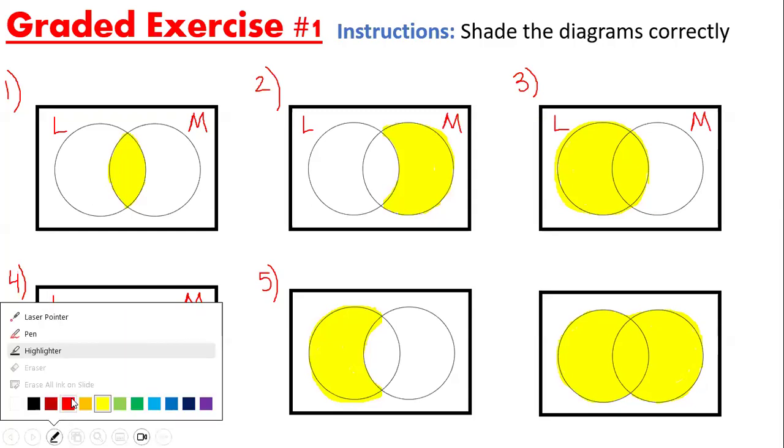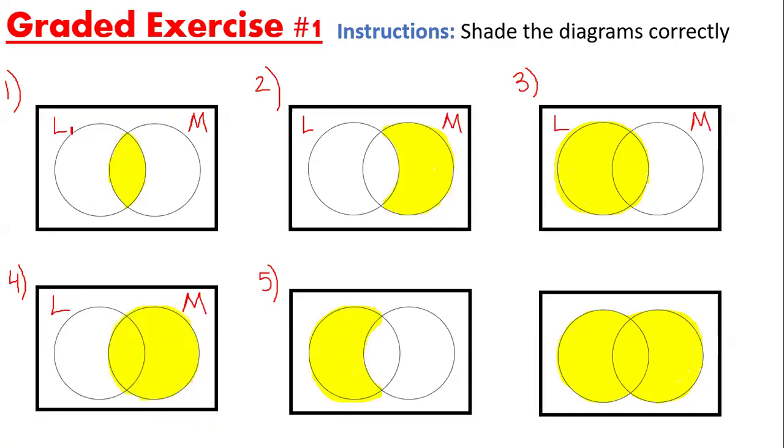So we have L and M, okay? What is this trying to say? What are we going to put as the label? What is this saying? L union M. Is it union? Oh, I mean intersection, my bad.